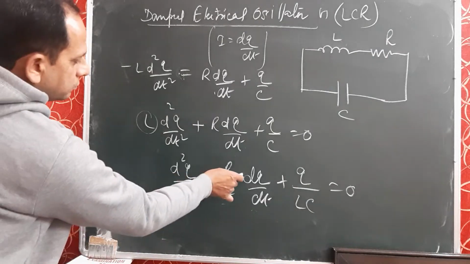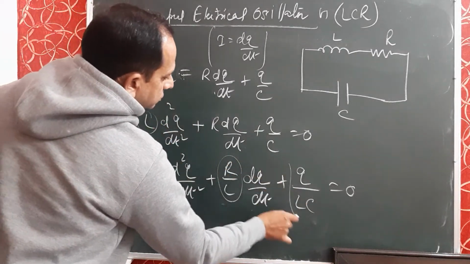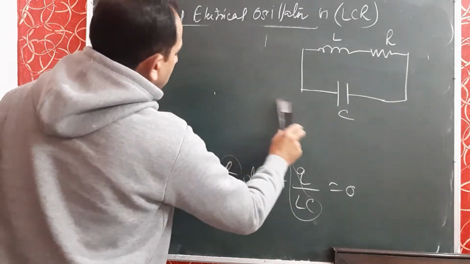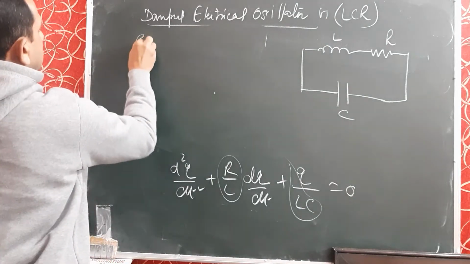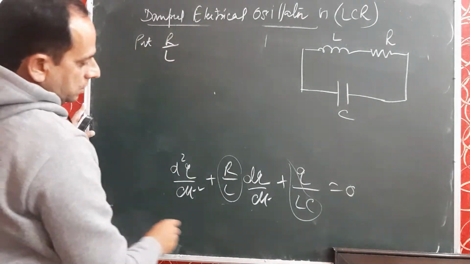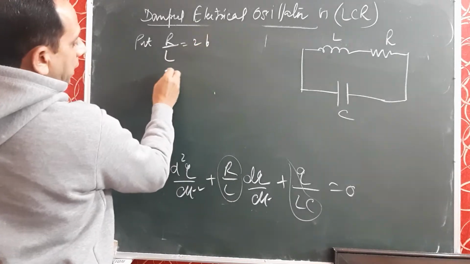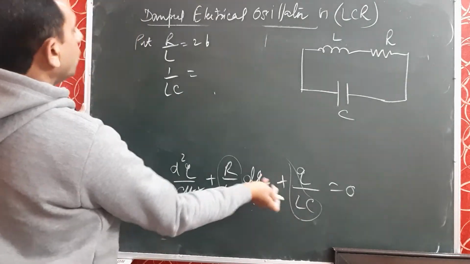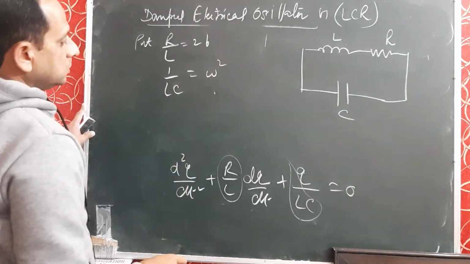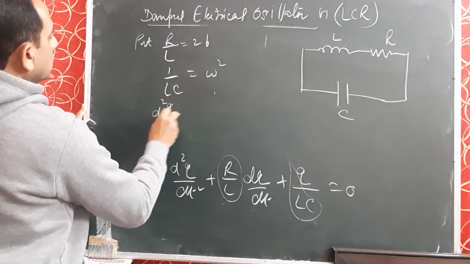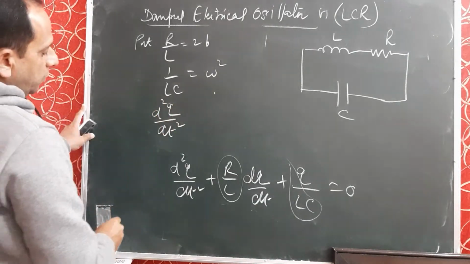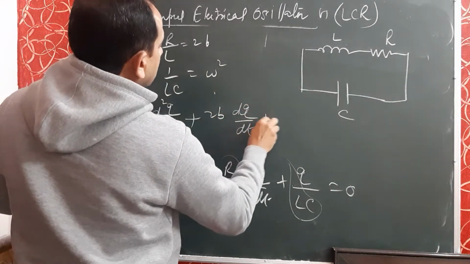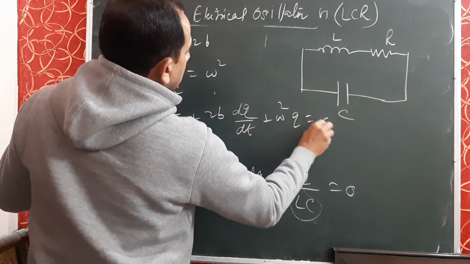Now put these constants as 2b and omega square. Put R by L equal to 2b and 1 by LC equal to omega square. So this equation reduces to d square q upon dt square plus 2b into dq by dt plus omega square q is equal to 0.